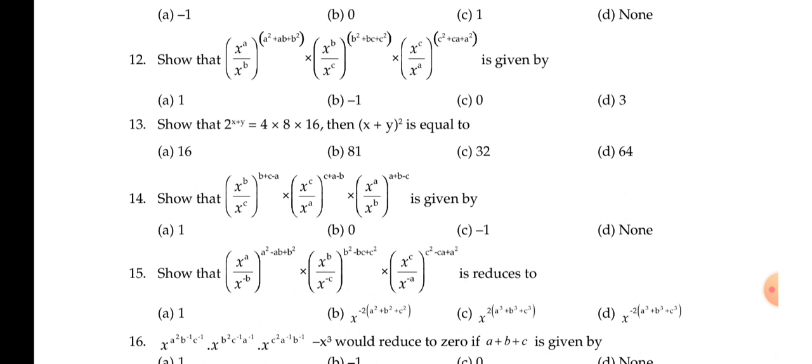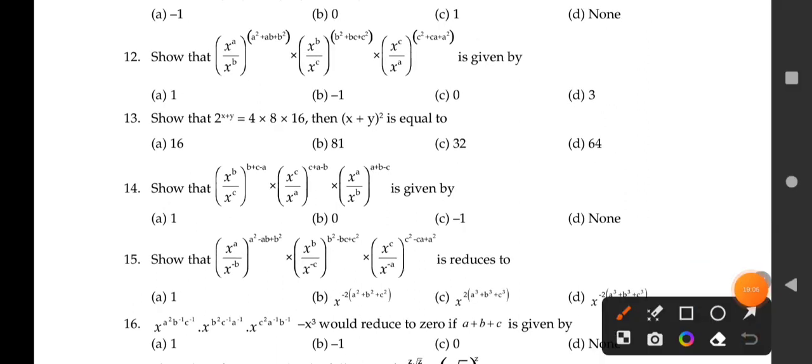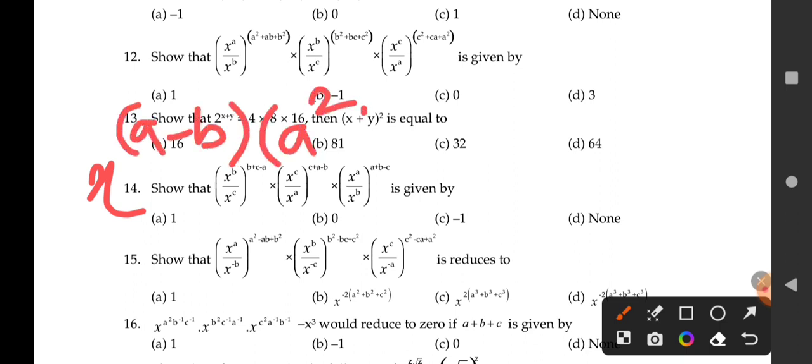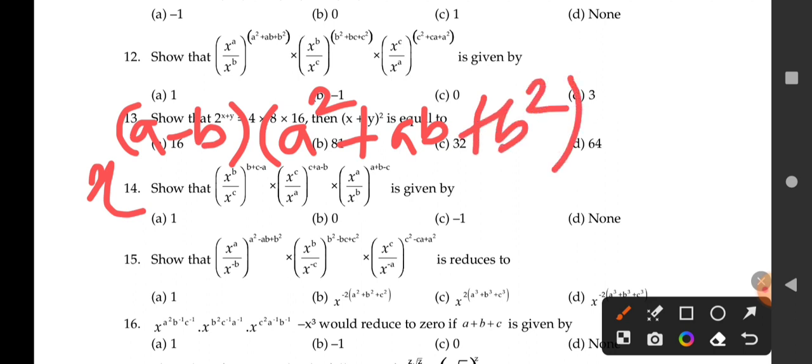Let's see question number 12 again. This is a formula. I hope you know the formula. Let's just expand directly. First term you will get a minus b and a square plus ab plus b square. So this is the formula for a cube minus b cube.